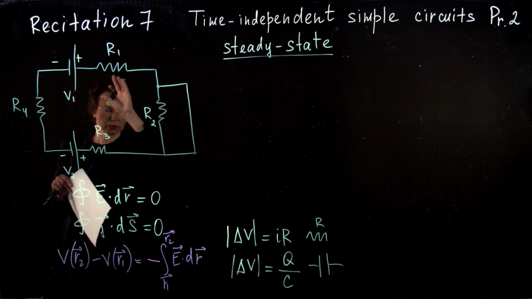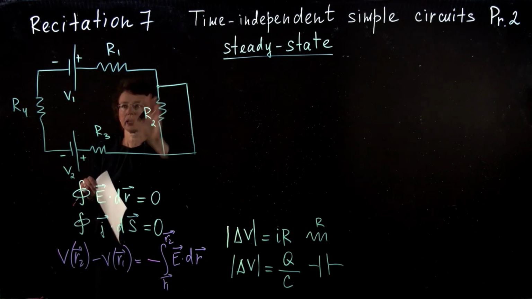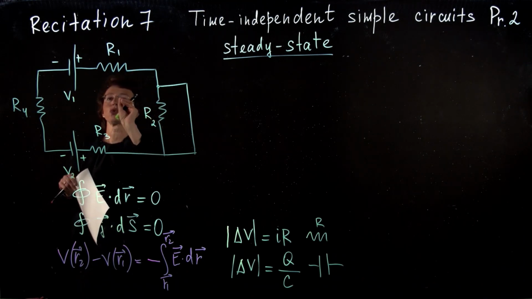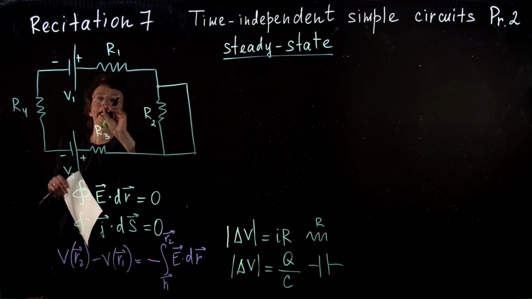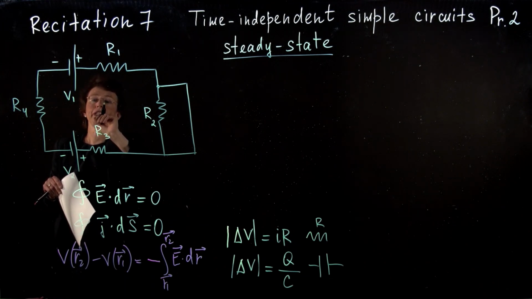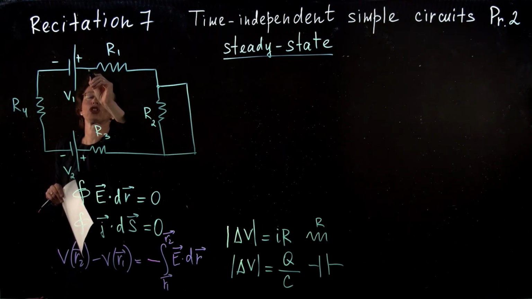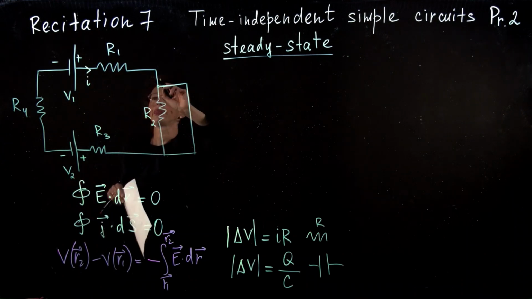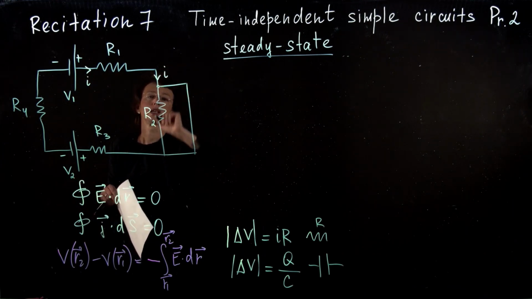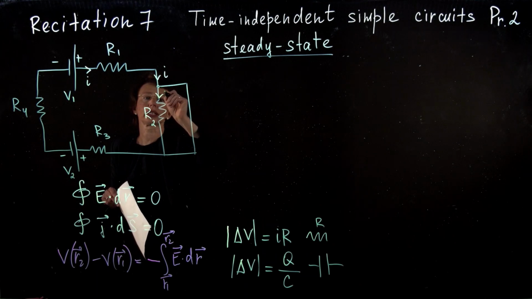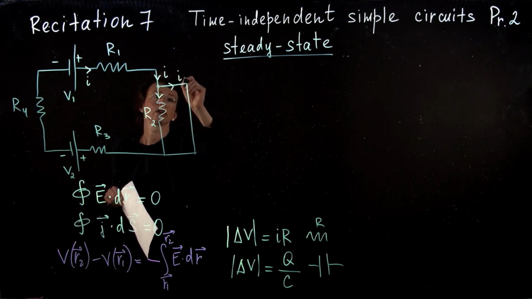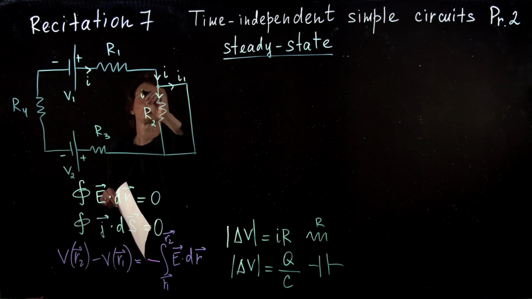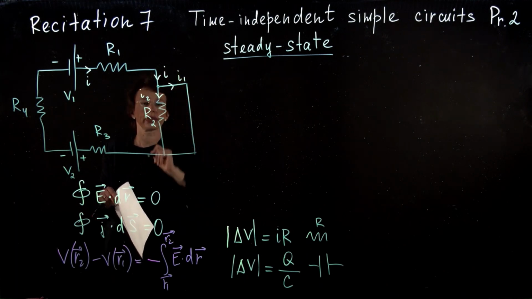The rules are that step number 1 is to indicate the direction of current. So let's start with this battery. Current I, let's assume that it flows to the right. Then this current I comes to this junction, and then I have current I1 flowing this way and current I2 flowing this way.